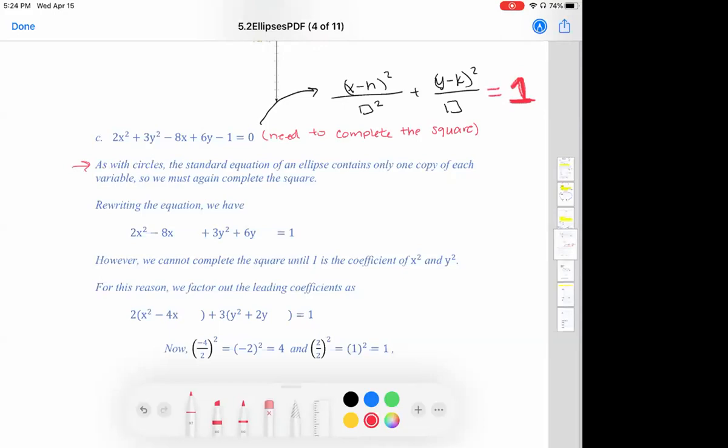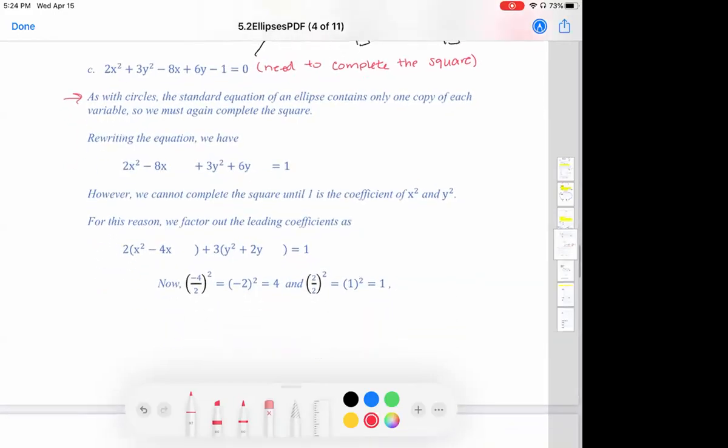So you must again complete the square. So let's group our x's and our y's. So notice here we only have our x's, we're writing with our y's, and we're leaving some space because I know I'm going to have to add some number, right? And then we add it to both sides. So let's set ourselves up for what we're going to have to add.